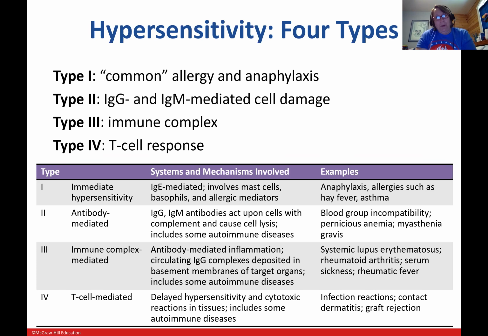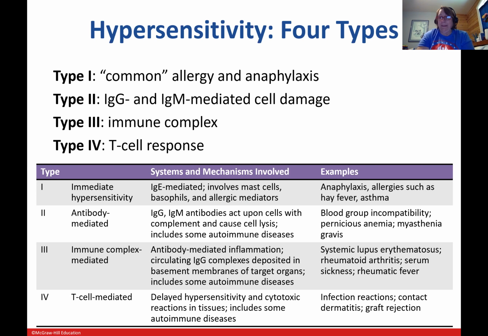Well, if these are not appropriate cells to be clumped together, you can end up with things that block things that shouldn't be, like kidneys would be one thing when it's trying to deal with getting rid of these immune complexes, and you start blocking all of the entrances to those areas in the kidney where the urine is being processed, where the things are being pulled out of the blood and processed in the urine, then it's going to shut down the kidneys, and it can get very, very severe.